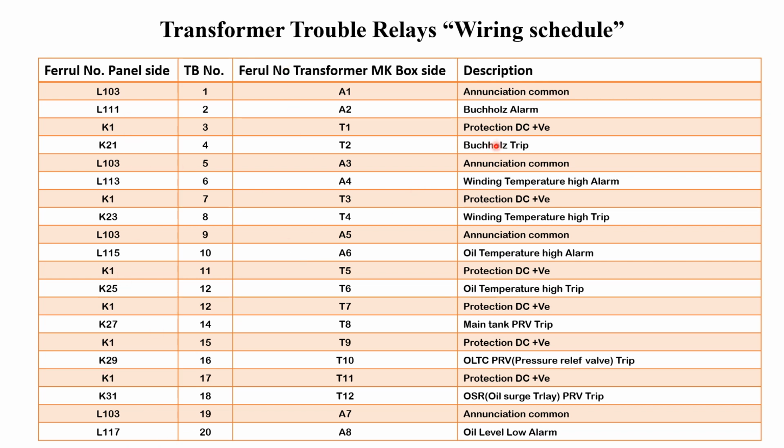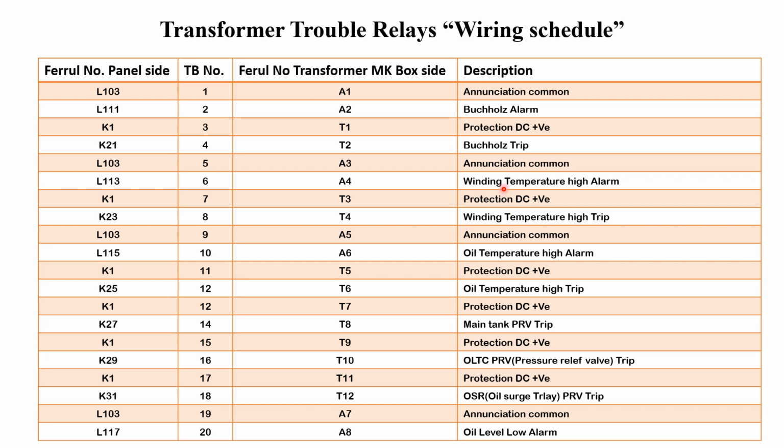Now similarly we will do it for tripping. For tripping, the first contact T1, that is protection DC positive, is given. Similarly for WTI, OTI, each circuit which requires tripping will require a positive supply, and the subsequent contact will indicate the particular auxiliary relay.